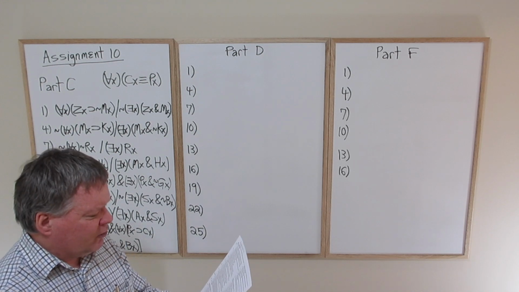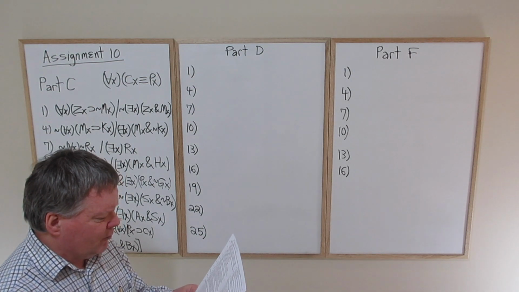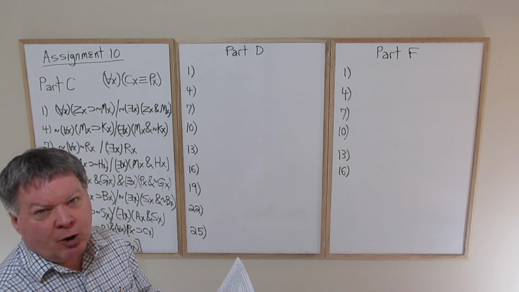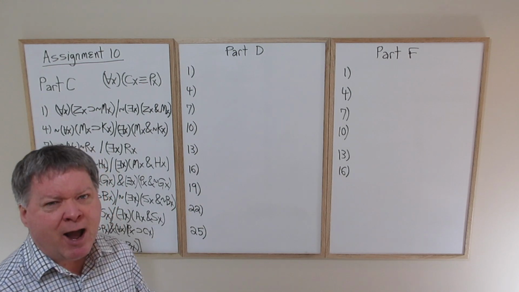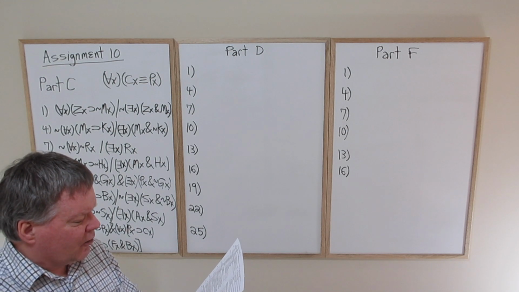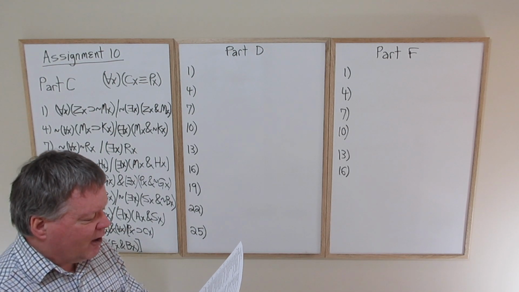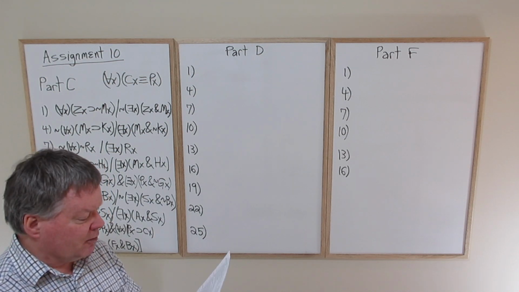On its surface, the words in this English sentence seem to appear that they're talking about a single thing. A thing is a cat. But in fact, what's being claimed here is that everything that is a cat has to be a mammal.